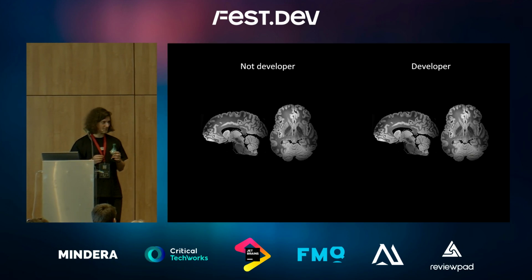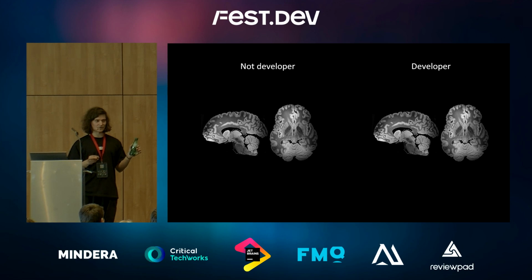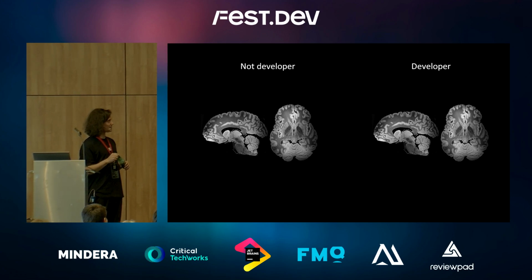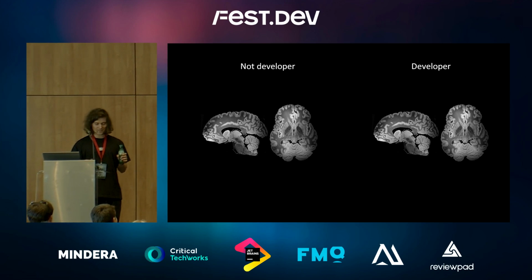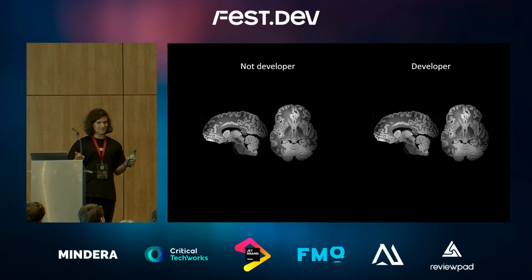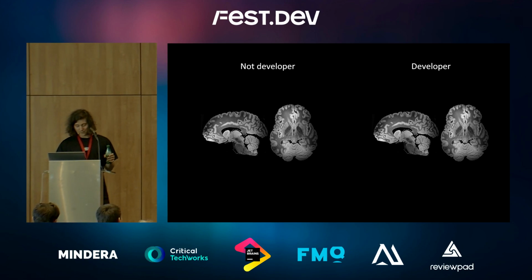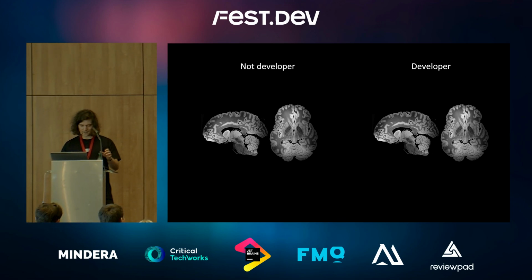So why is AI super interesting for developers? Let's compare the brains of a developer and a non-developer. I asked a friend for his scan, and I did a scan of a non-developer, and it's actually the same. I didn't find any difference. So if AI is trying to replicate how our brain works and help us, developers are probably not an exclusion here.